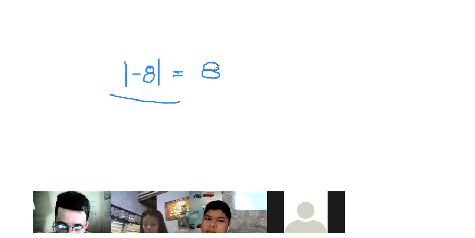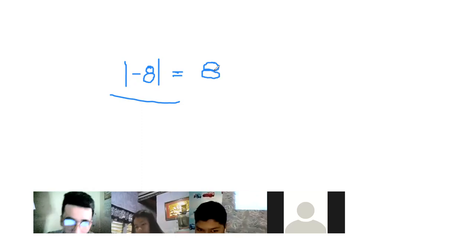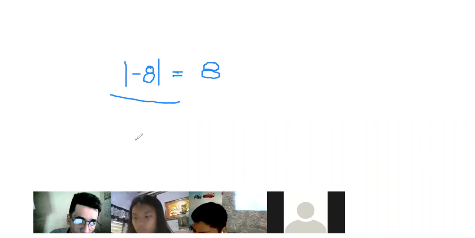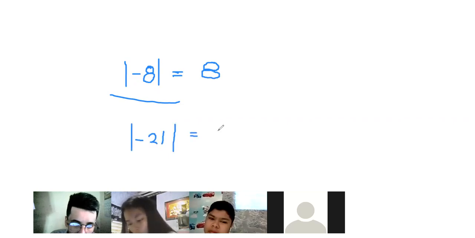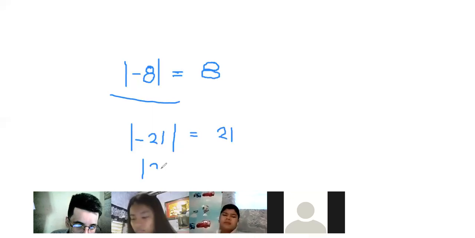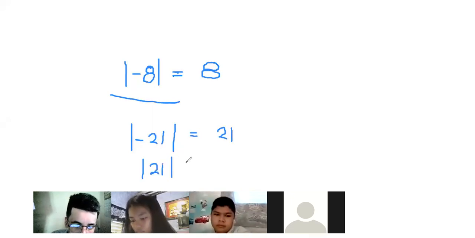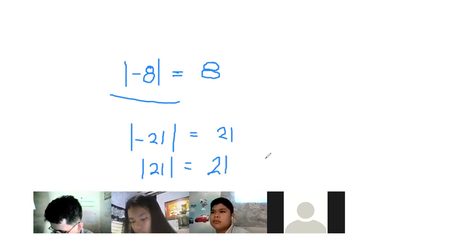Kapag nasa loob ng absolute value ang isang number, it's either negative or positive, it will turn into a positive number. Okay? For example, we have negative 21, absolute value of negative 21. It will become positive 21. Or halimbawa, if we have the absolute value of 21, it also becomes 21. Okay? So that is the absolute value.